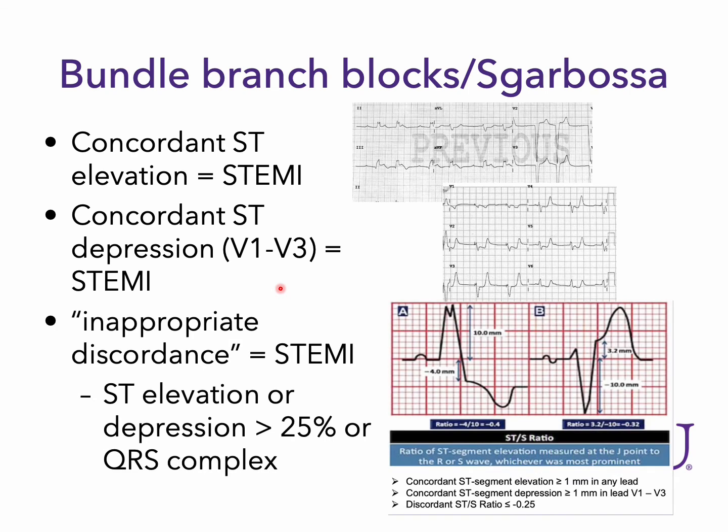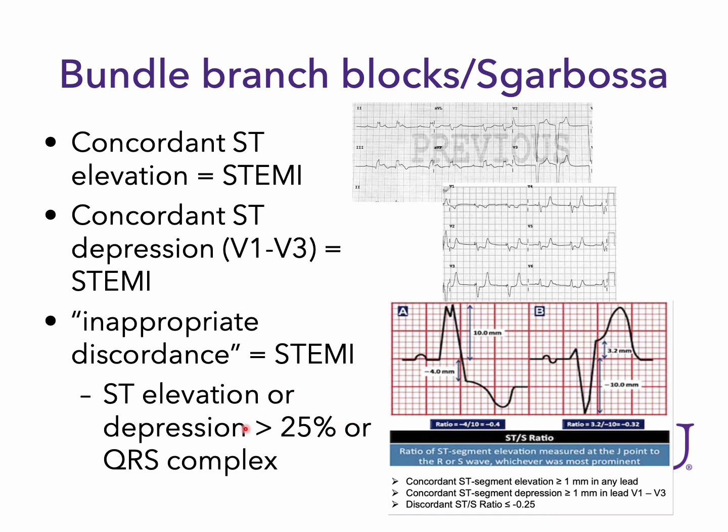And then lastly, inappropriate discordance. We just talked about how normally in a left bundle block or a paced rhythm, a positive QRS complex should have some ST depression with it. A negative QRS complex should have some positive ST elevation with it. It can be inappropriate though, and what that means is that your discordance is too much.